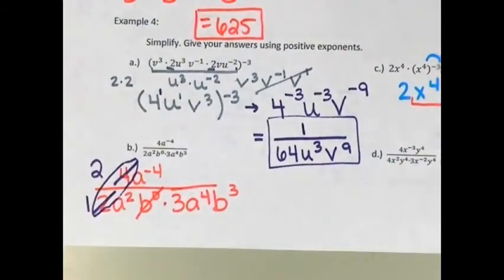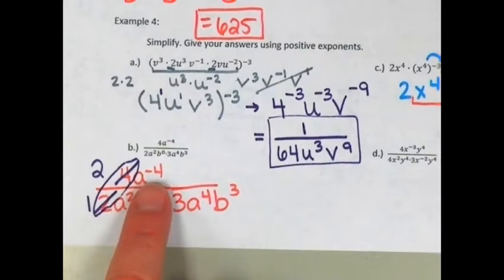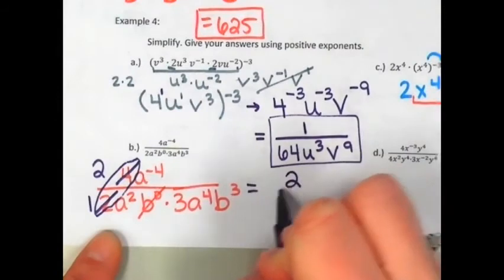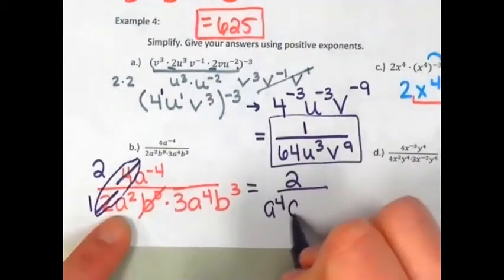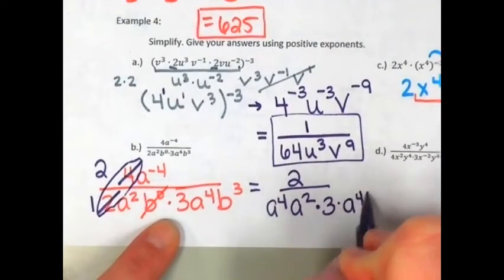Now, we're stacked, so technically we would do what? Subtract. But do you like to subtract negatives? No. So could I move that a to the bottom and make that 2 over, move this a down, a to the 4th. Then I have a squared. I have 3. I have a to the 4th. And I have b to the 3rd.